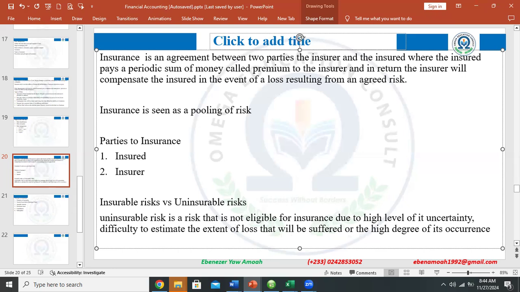Okay, so we're saying that the insurance company cannot cover such a risk because, one, the level of uncertainty is too high. Even if you make an estimate, the estimate still looks uncertain. Example, imagine you saying that you want to insure against going to hell.